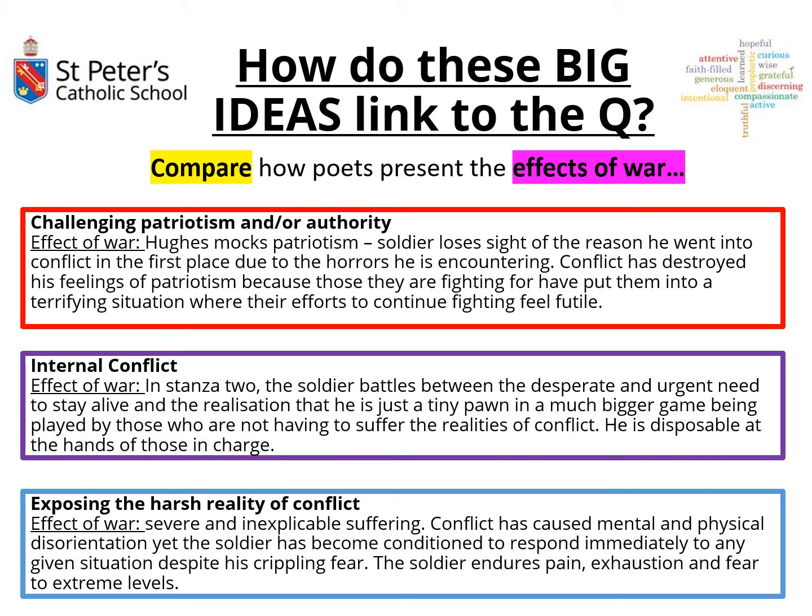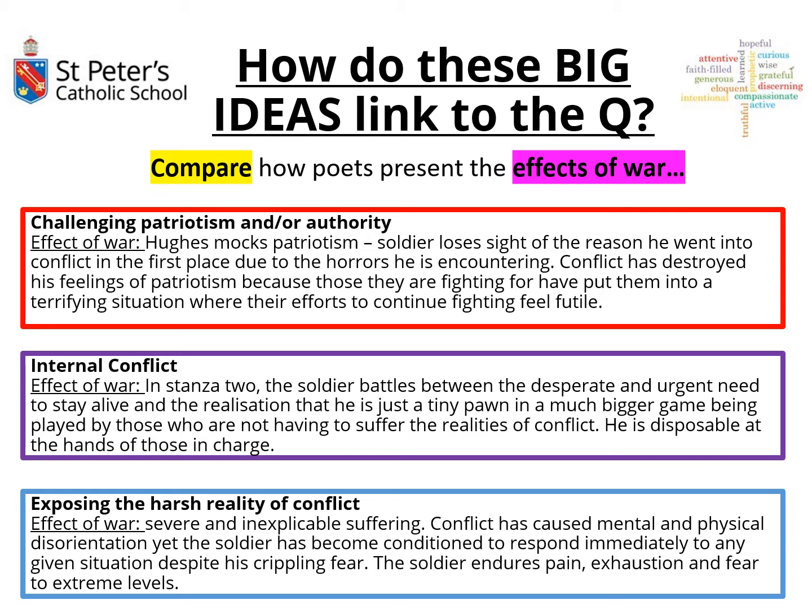So in terms of challenging patriotism and or authority, so the effect of war here, Hughes is mocking patriotism, as I've said. This soldier loses sight of the reason he went into conflict in the first place due to the horrors he is encountering.